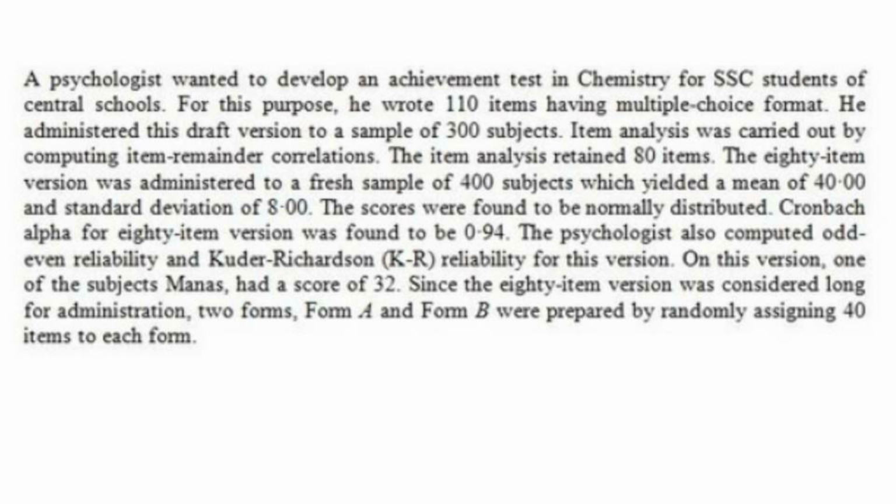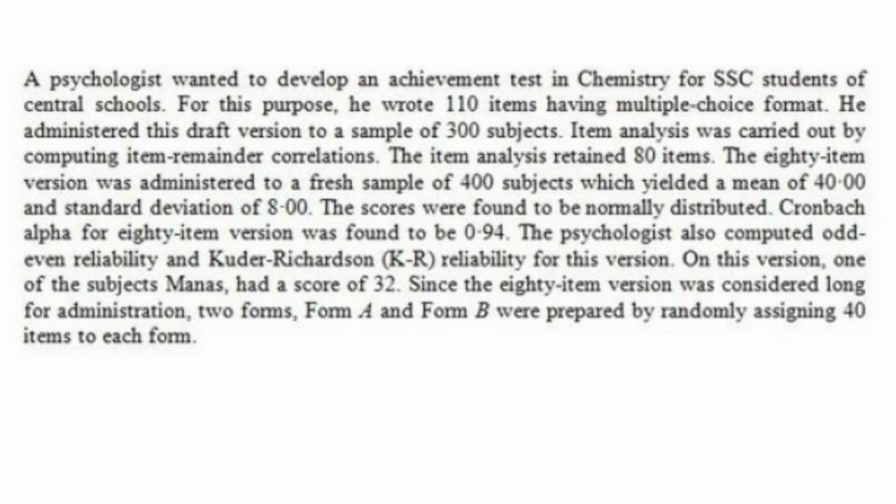Now look into the next case study, which is related to scale construction. Let us look at the case study now. A psychologist wanted to develop an achievement test in chemistry for SSC students of central schools. For this purpose, he wrote 110 items having multiple choice format.